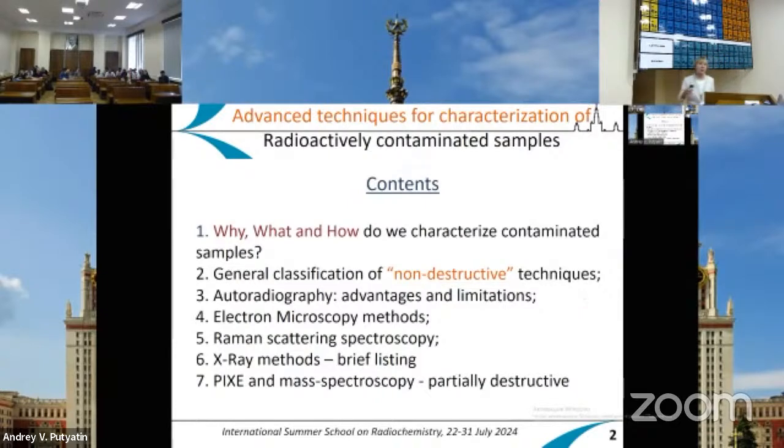Then we will try to classify all the methods into some classes, groups, and speak in detail about autoradiography, advantages and limitations of these methods, about electron microscopy methods, Raman scattering spectroscopy, X-ray methods, brief listing, and some partially destructive methods like PIXE and mass spectroscopy analysis.